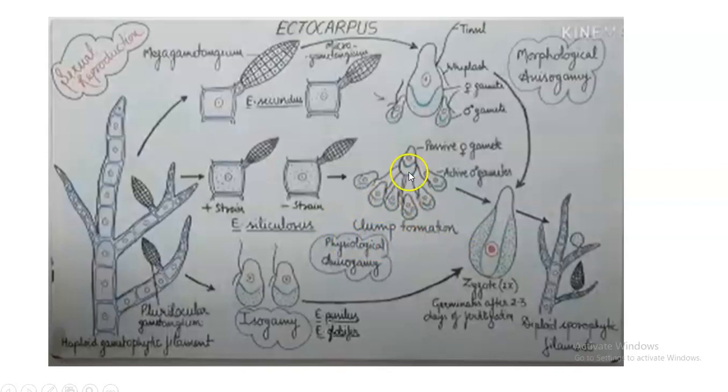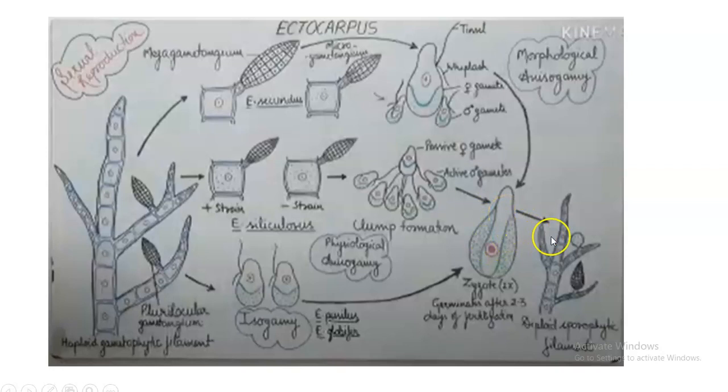So after clump formation, one of the particular gametes, the male gamete, will contract, will shrink its particular flagellum and get very close, and fuse with the female gamete, and that will cause the formation of a diploid zygote, because this is diploid, this is haploid, both fused to form a diploid zygote.